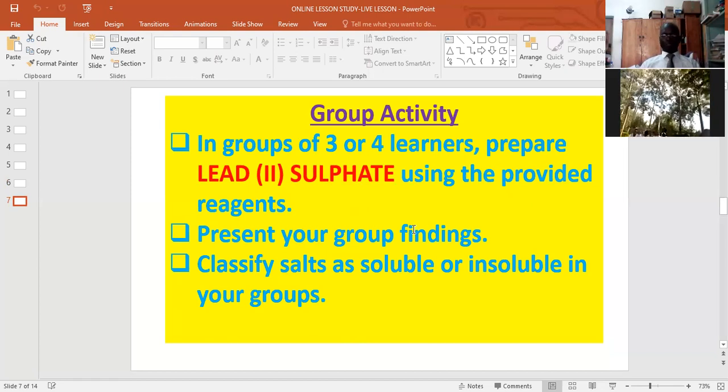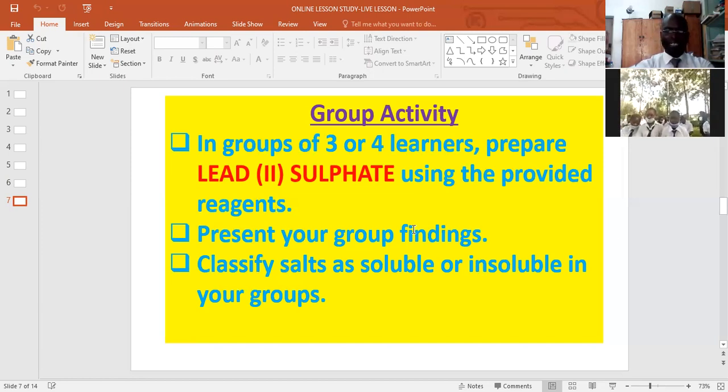Now in our groups, we have 10 groups made up of either 3 or 4 members. We want you to prepare lead 2 sulfate using the materials, the chemicals, and the apparatus that you've been provided with.